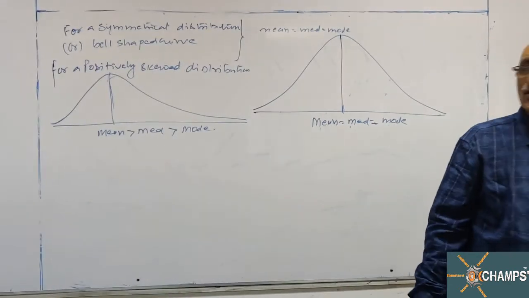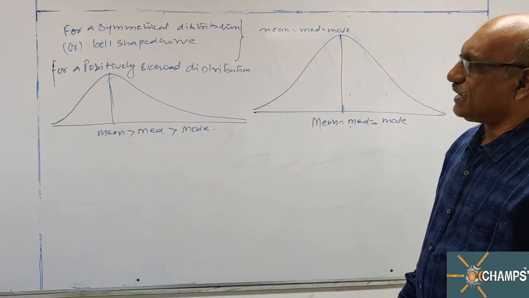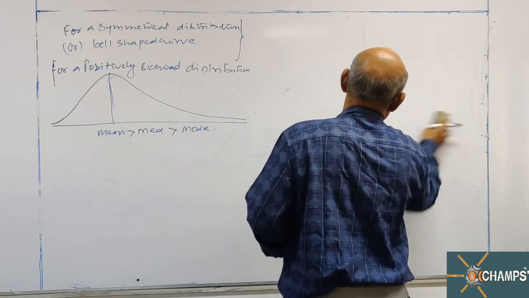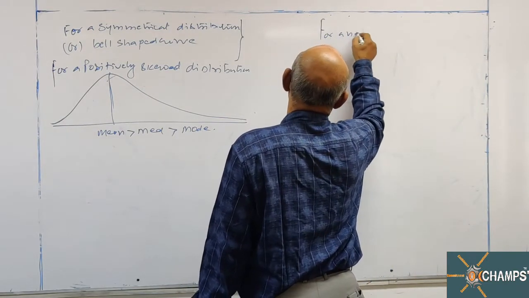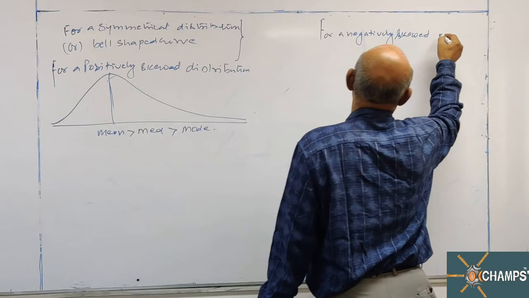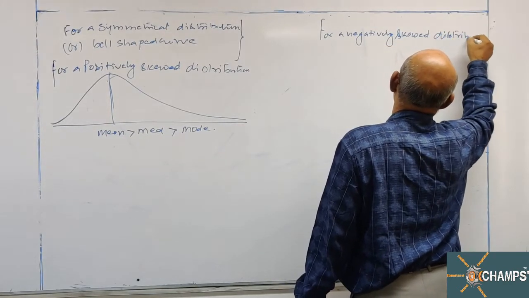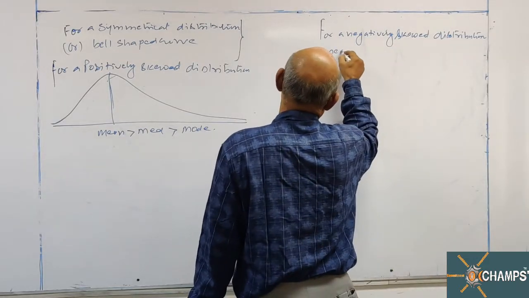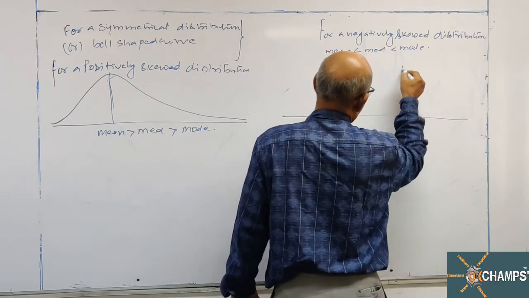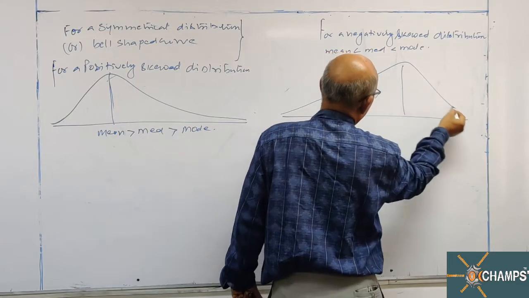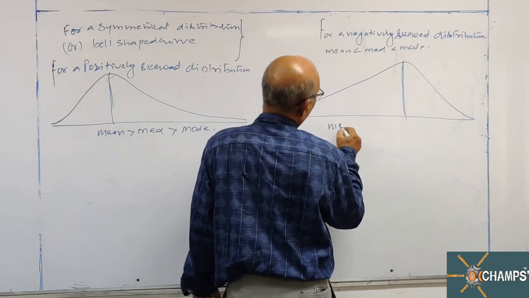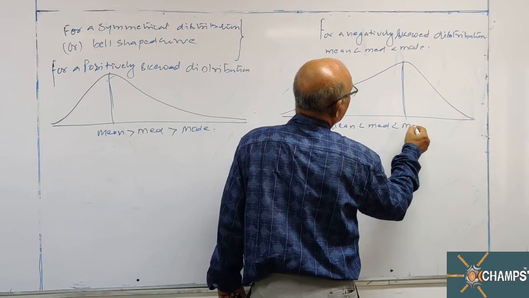For a negatively skewed distribution, mean is less than median, median is less than mode.